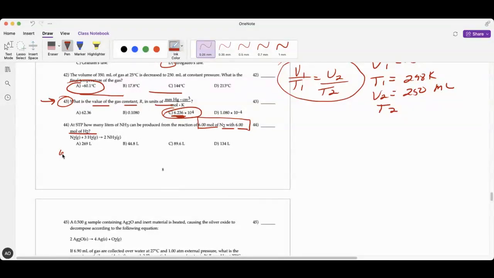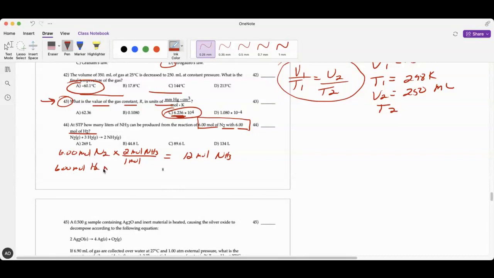So we have 6 moles of nitrogen, and 1 mole of nitrogen will form 2 moles of ammonia. So 6 times 2 would be 12 moles of ammonia. And then we have 6 moles of hydrogen.